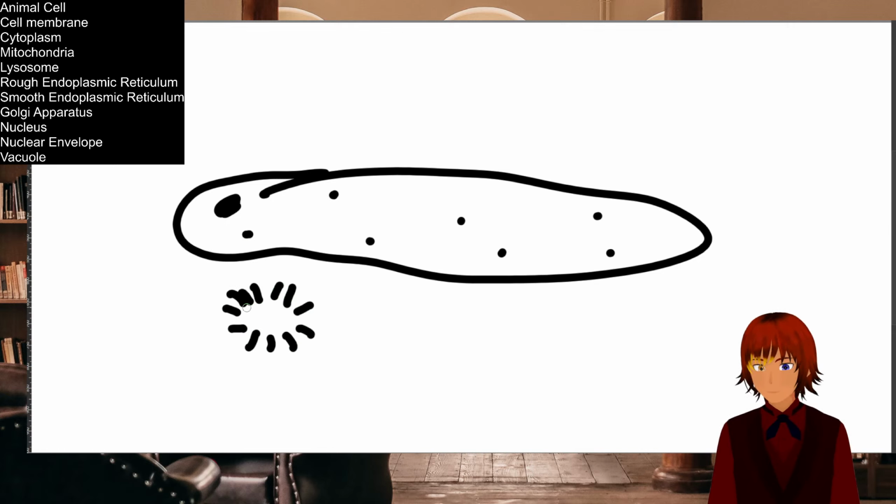Alright, next up, rough endoplasmic reticulum, smooth endoplasmic reticulum, and Golgi apparatus. So these kind of all go together. So here is our animal cell. Here is our nucleus over here. And then branching off from that, you'll see something like this.